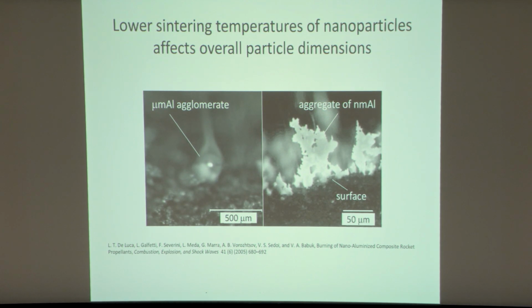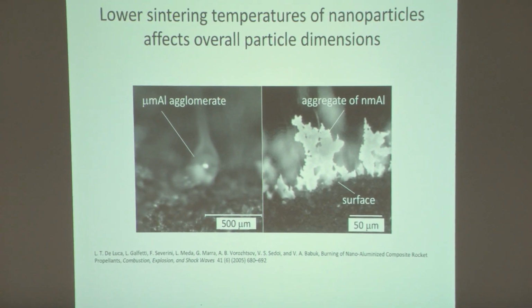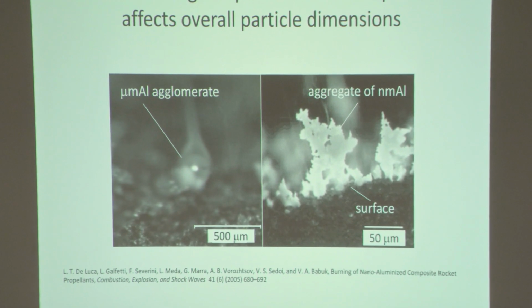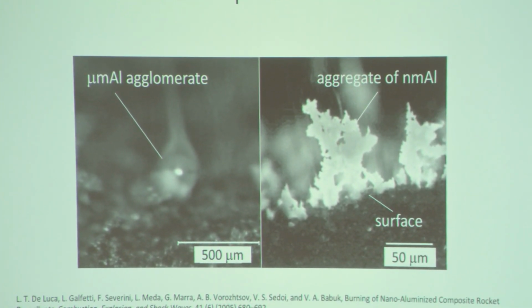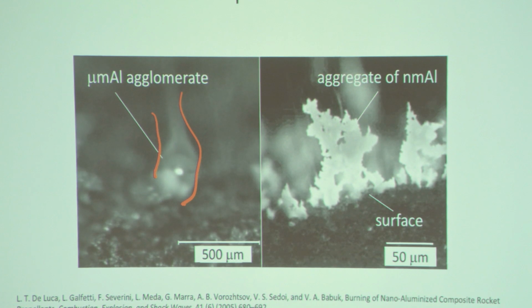So on the left is the burning of a micron aluminum particle in that composite. And this looks very similar to the movie that I just showed you. Coming off the surface, there's an aluminum particle, and you see this flame zone around a large aluminum particle. But what's happening with the nanometer aluminum, because of the small particles, is that I now have a lot of particles close to each other in the condensed phase because I have the same loading of aluminum, so they're touching each other.